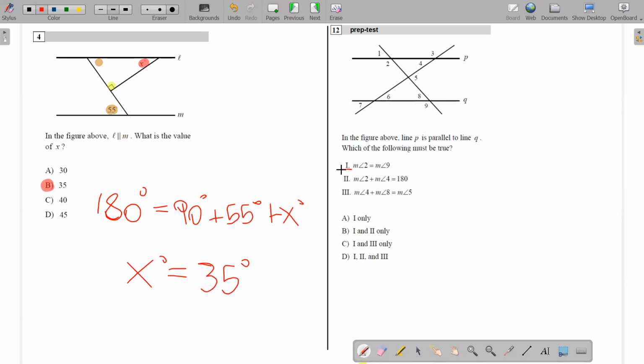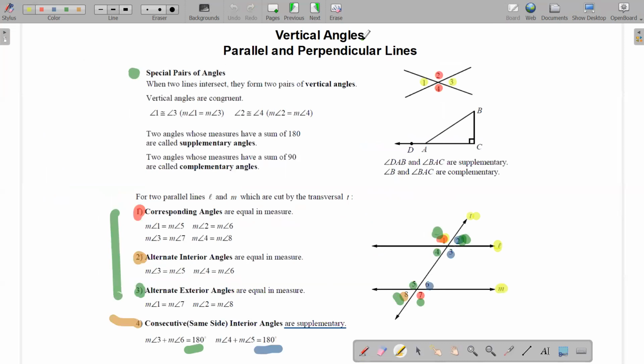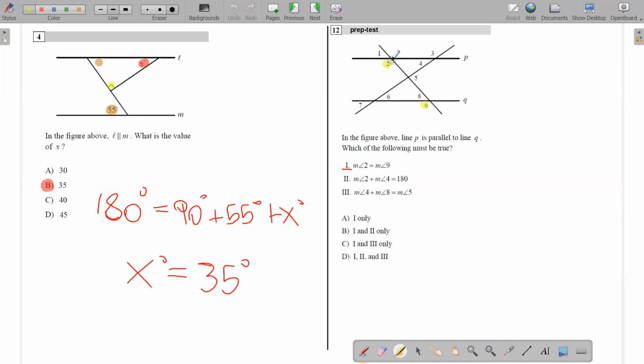Statement number 1 says that the measurement of angle 2 must be equal to the measurement of angle 9. This statement is true for this principle, corresponding angles. Because of corresponding angles, angle 2 and angle 9 must be the same.